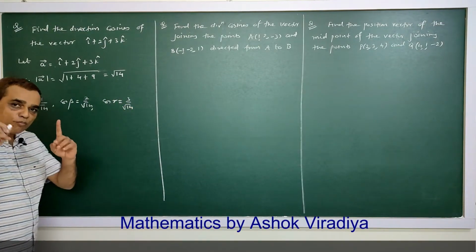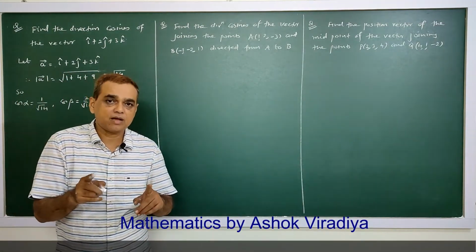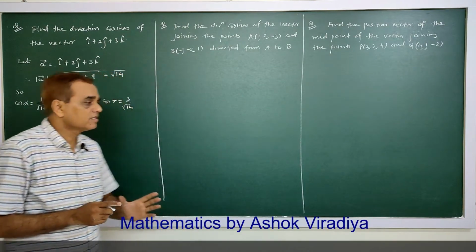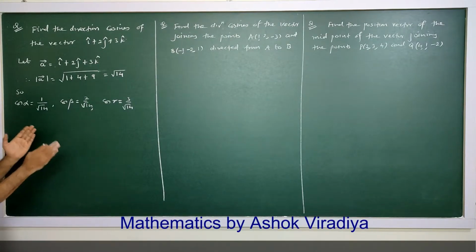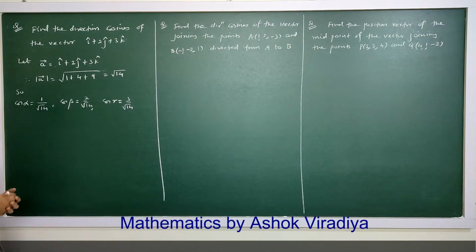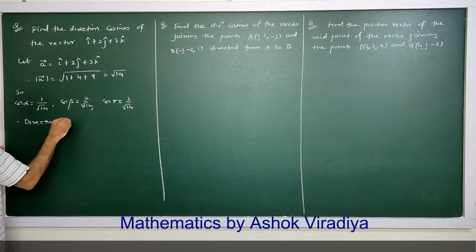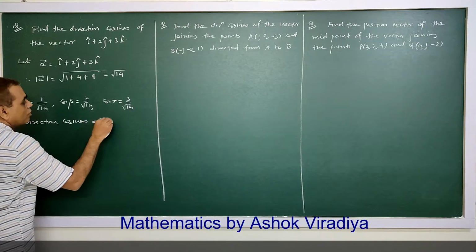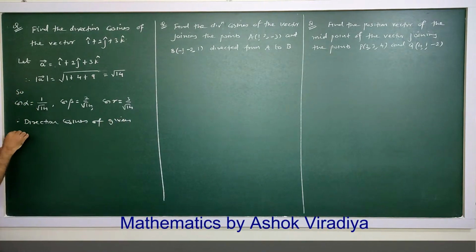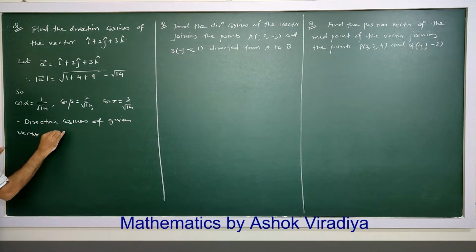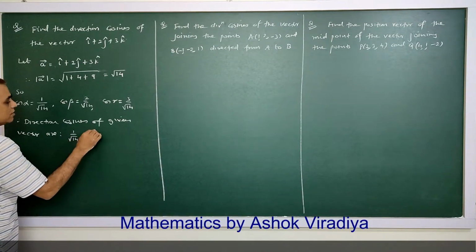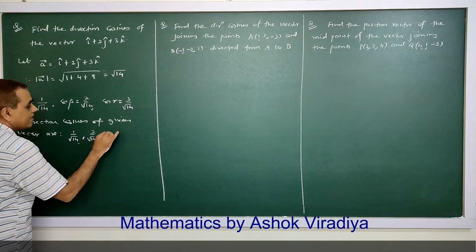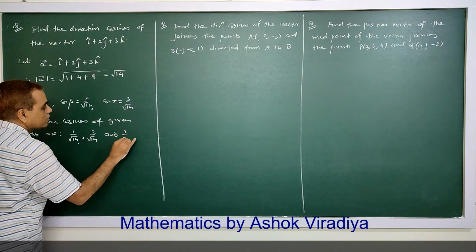Dividing scalar components by the magnitude of the vector, whatever triplet we get, these values are direction cosines. So direction cosines of the given vector are 1 upon root 14, 2 upon root 14 and 3 upon root 14.